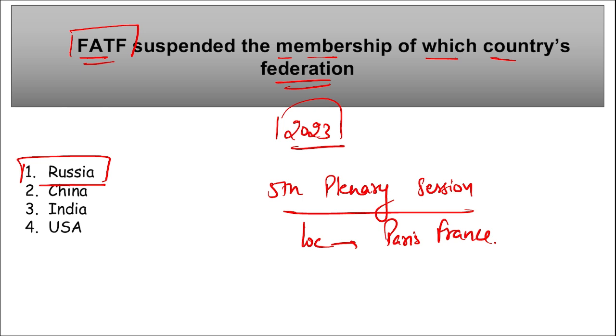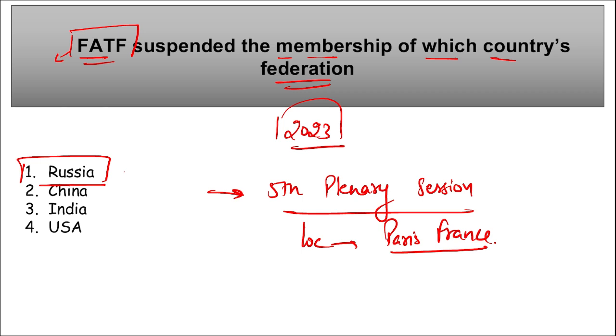And FATF, Financial Action Task Force, what is the aim of FATF? Basically it works towards tackling money laundering, terror financing, and money that is leaking into the hands of people that are financing terror. Right? So this fifth plenary session of FATF was held in Paris, and they were having various discussions on money laundering and terror financing.